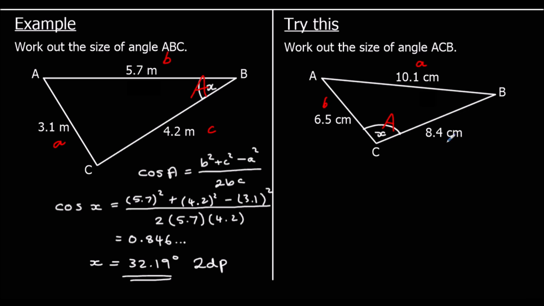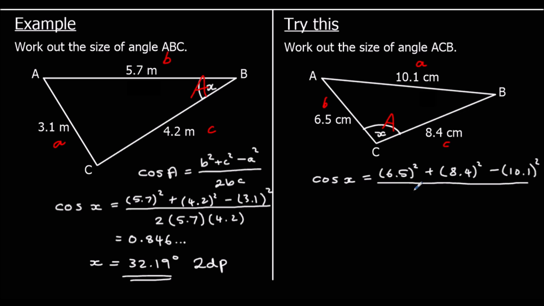And the other two are called B and C. So substituting in now, cos x equals b squared, so 6.5 squared, plus c squared, 8.4 squared, minus a squared, 10.1 squared, over 2BC, so 2 times 6.5 times 8.4. So let's type it into the calculator.